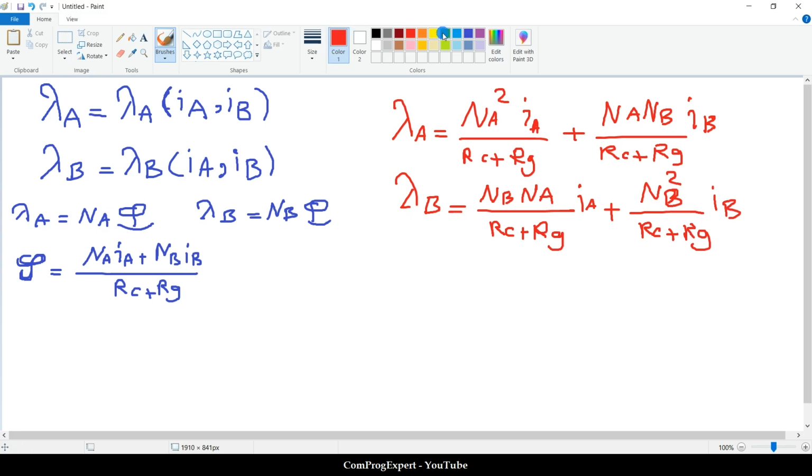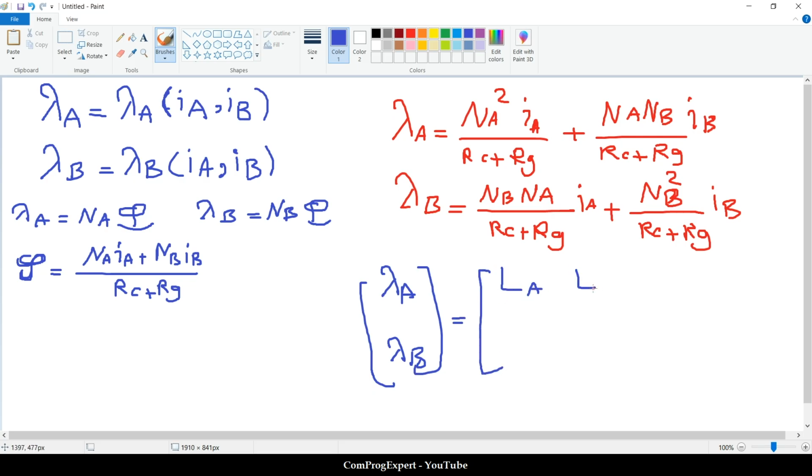So you remember this matrix equation: lambda A, lambda B is equal to, this is LA, the self-inductance, this is the mutual inductance, this is BA, and this is LB.